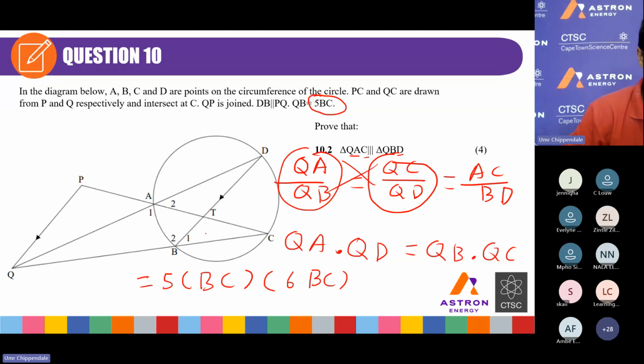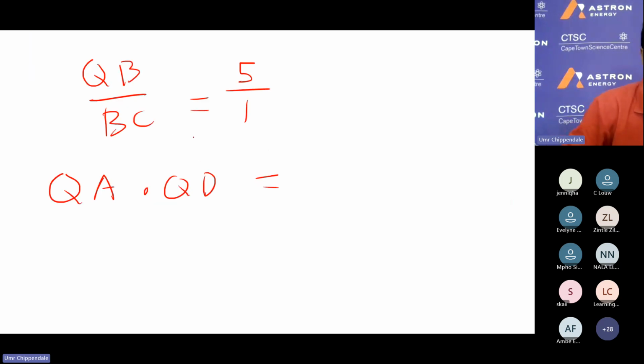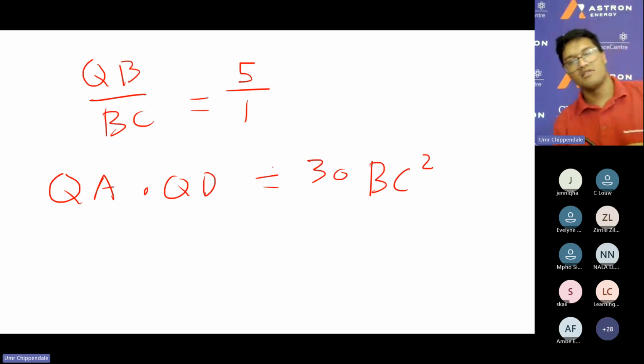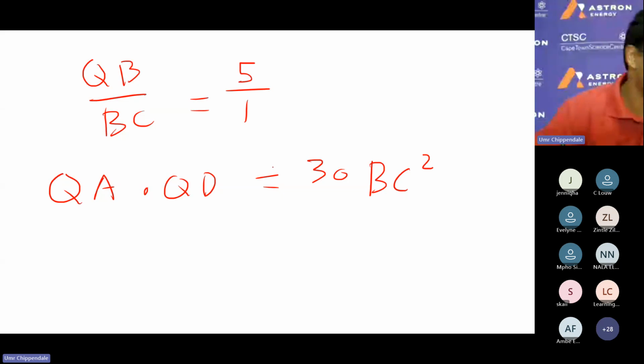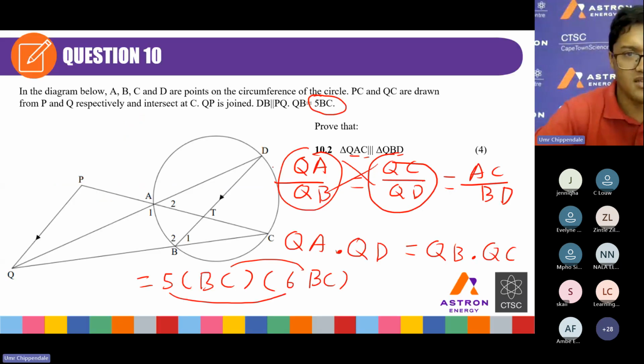So this is BC, those are going to be multiplied by each other, and this is going to be multiplied by each other. So we flipped it around. So that's going to be 5 multiplied by 6, which is 30. So that's going to be 30 BC squared, which was 2 BCs. And that's what QA times QD is. QA times QD is equal to 30 BC squared. And that is going to be with 3 marks. And that's how we're going to get that answer.